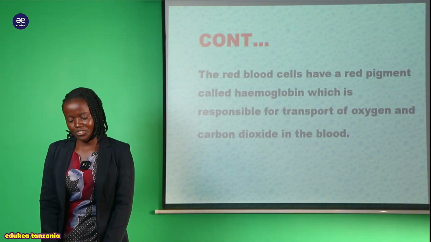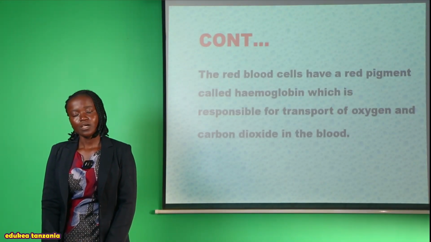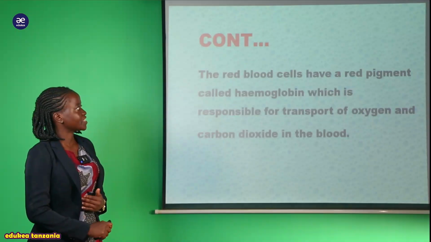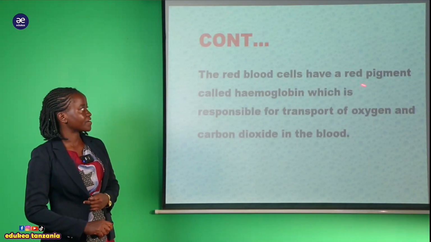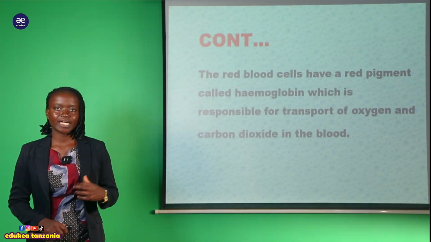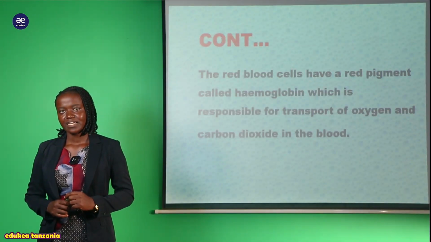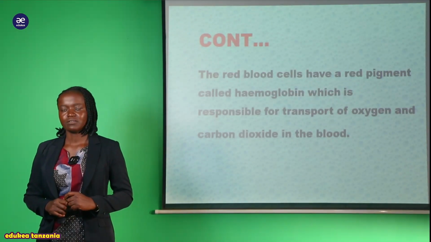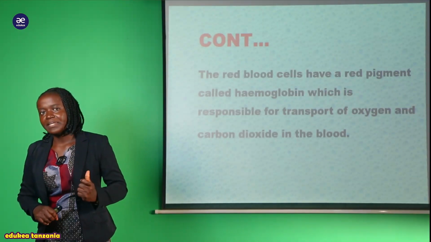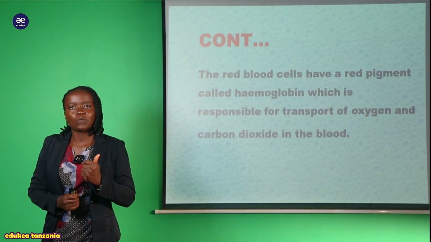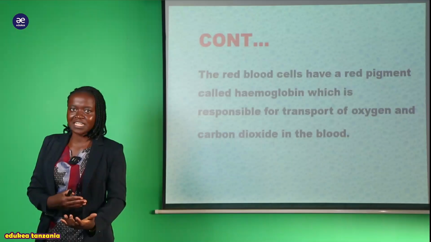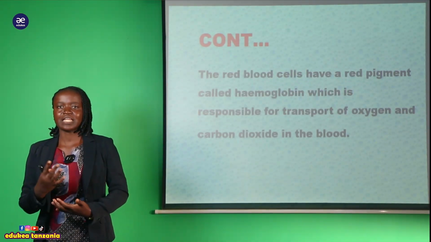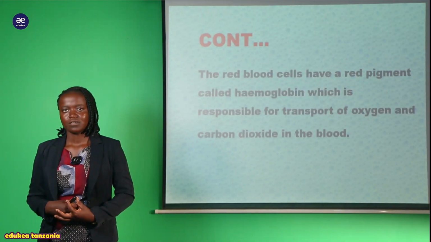So now, my students, you can see that within the red blood cell we have seen that these red blood cells have a red pigment. The red pigment inside the red blood cell is called hemoglobin. This hemoglobin is responsible for carrying oxygen and carbon dioxide, taking them from one place to another where needed.